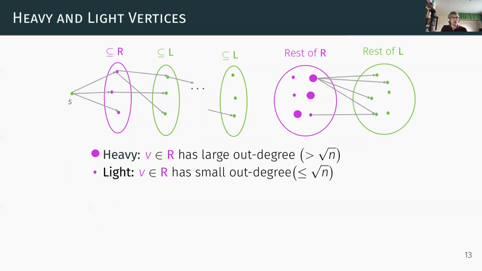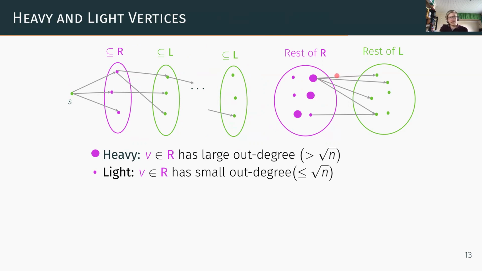And so our idea is a quite natural one. We split the vertices up into heavy and light vertices. Again, we look at the case where we have some vertices which are reachable from S here. And we are in this tricky case where we got stuck before when we tried to move from a layer in L to the next layer, which we don't know yet, which will be in R. So we look at the vertices in R here and classify them as either heavy or light.